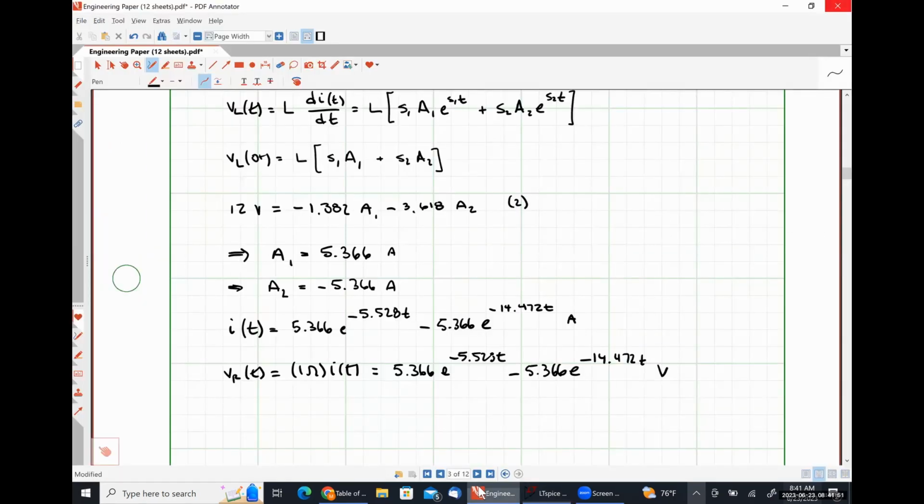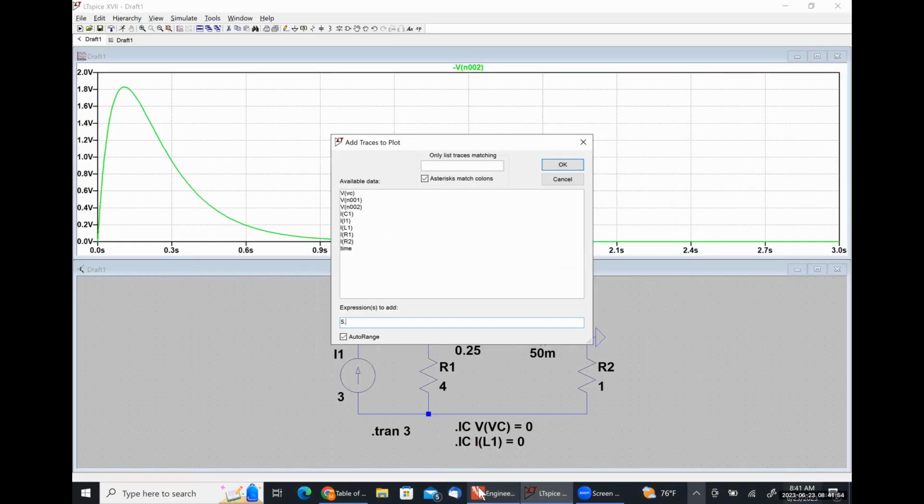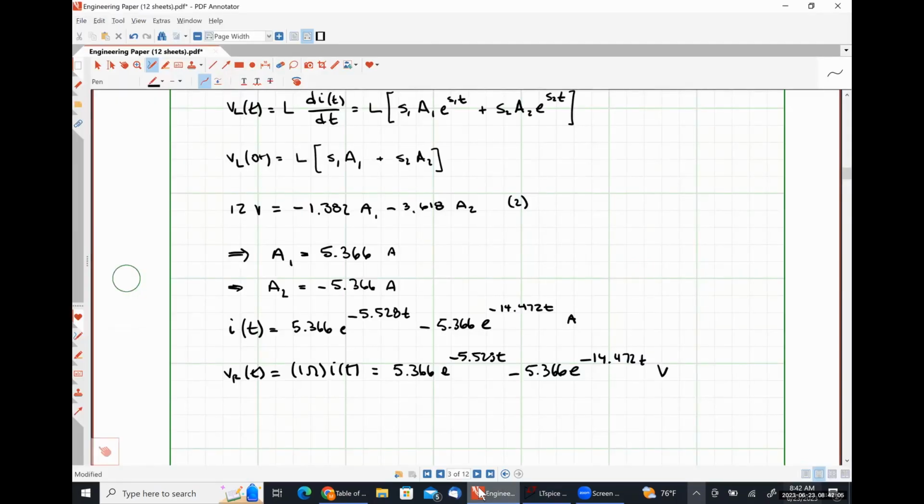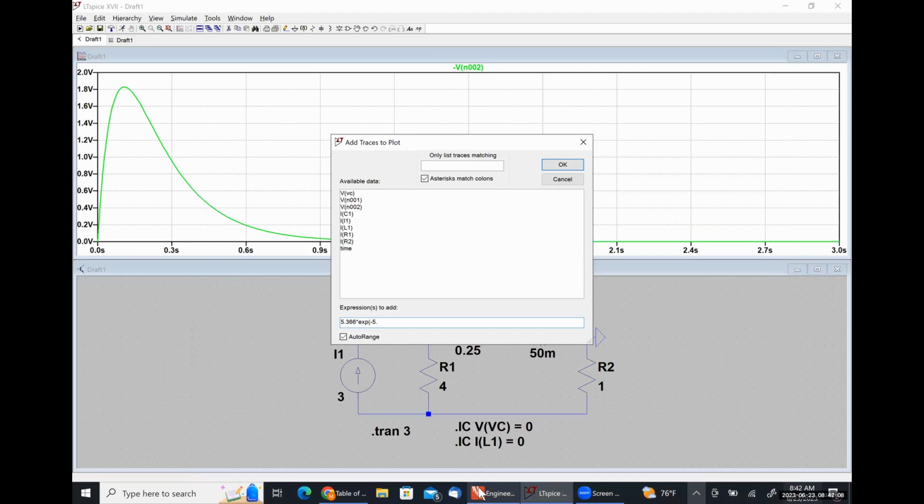So let me refresh myself, 5.366 times the exponential of negative 5.528, if I can read my handwriting, times time, minus 5.366 times the exponential of negative 14.472 times time.